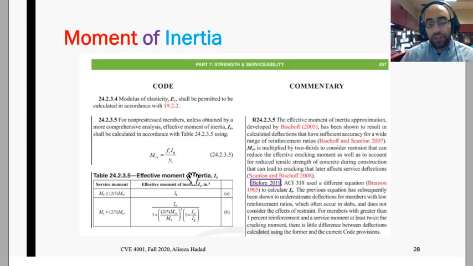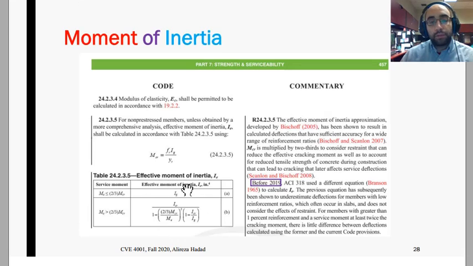In the recent version, in 2019, it is saying that if the applied moment or the moment that you are considering is smaller than 2/3 of cracking moment, you have to consider gross section properties. And if the applied moment is greater than 2/3 of the cracking moment, we have to consider this equation, which is brand new in this version of the code, for finding the effective moment of inertia.